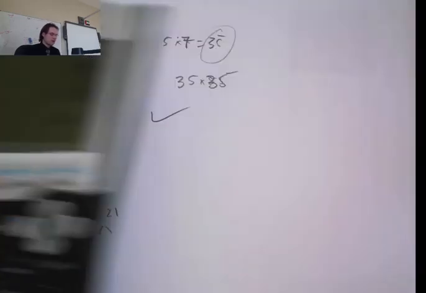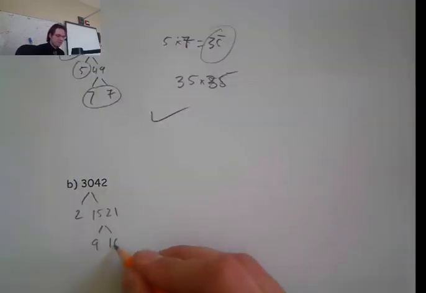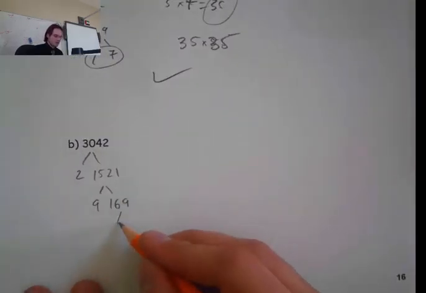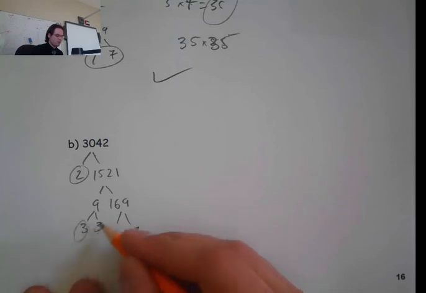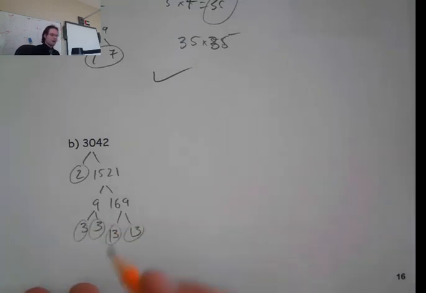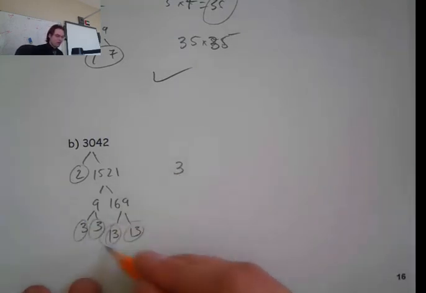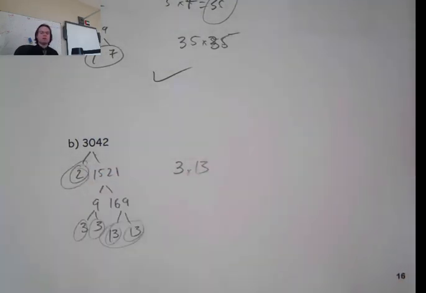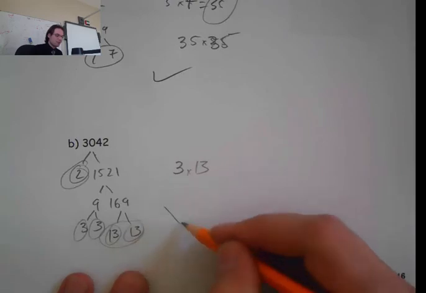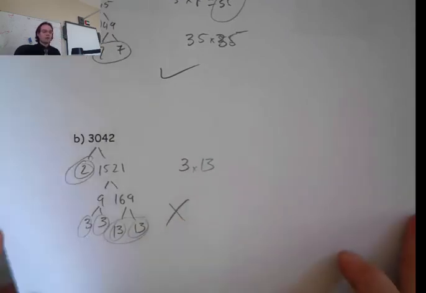I'm going to get 169. Now, this is 13 multiplied by 13. And this here is 3 multiplied by 3. Here are my primes. Now, looking at this, I have a group of 3's. I have a group of 13's. But this 2 doesn't have a partner. So therefore, this is not a perfect square.